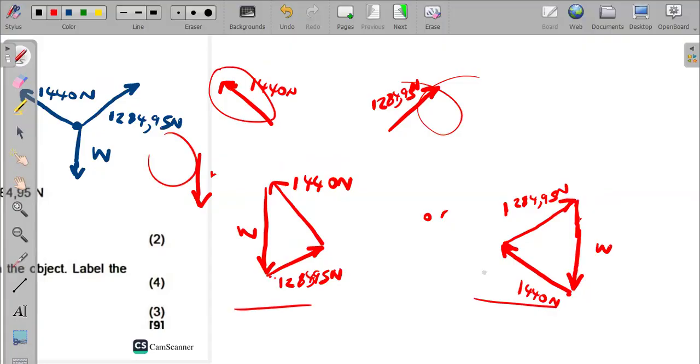The weight is still going downwards in whichever diagram. The 1,440 Newton is still acting in the same direction, and the 1,284.95 is still acting in the same direction. So that's basically how you do it.